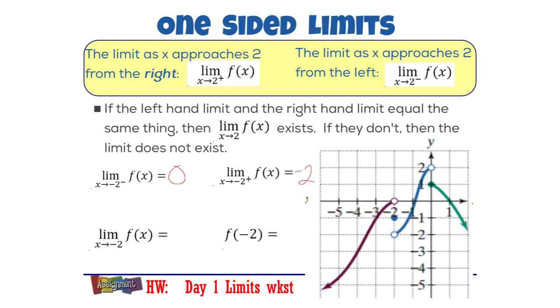So this would be the scenario where we would say no limit. And our justification is that it is approaching different values.